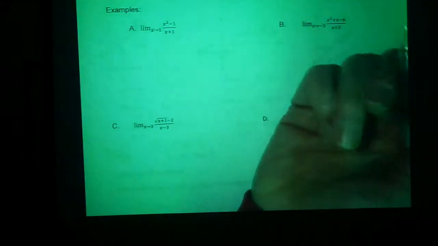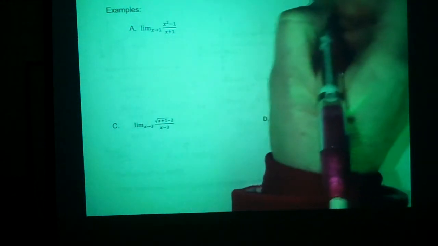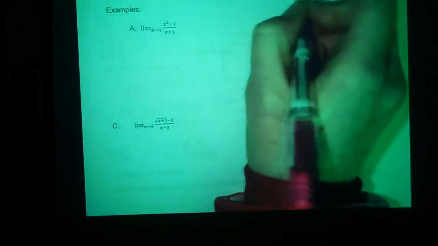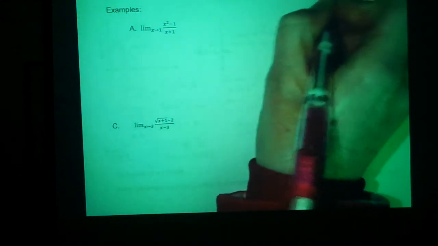So, the first thing you want to know is, on any limit problem, I want to plug in the value x is approaching and see if plugging it in is going to give me the answer that I want for my limit.